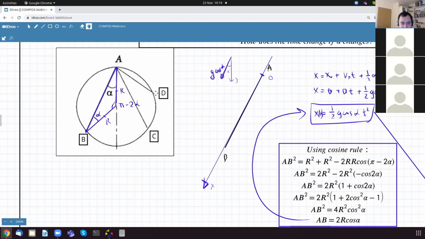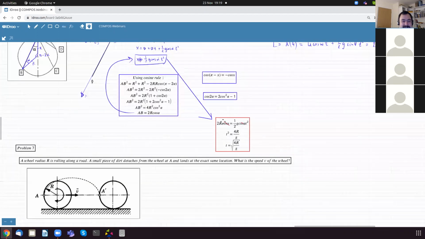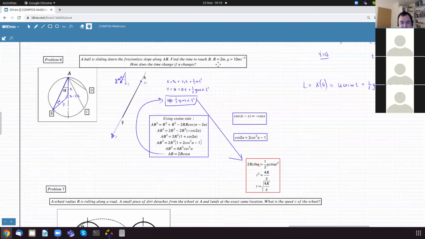So rolling down AD, AC, and AB, sliding down AD, AC, and AB would take exactly the same time. And of course, you can just plug in the values now. R is 4 times 2, 8, divided by 10, 8 tenths, square root of 0.8, something like 0.9 seconds.